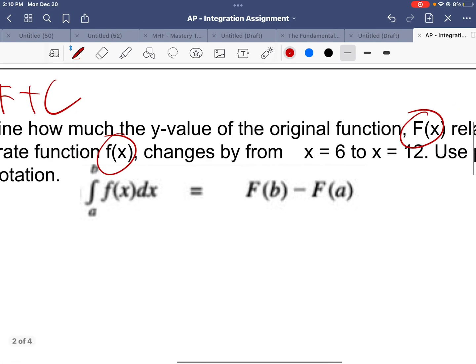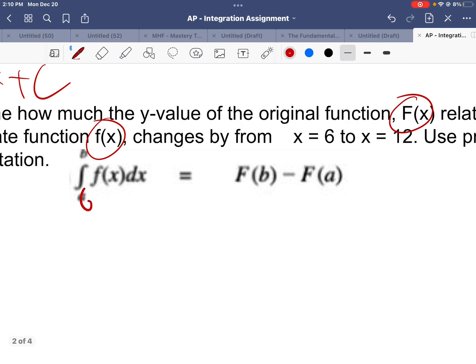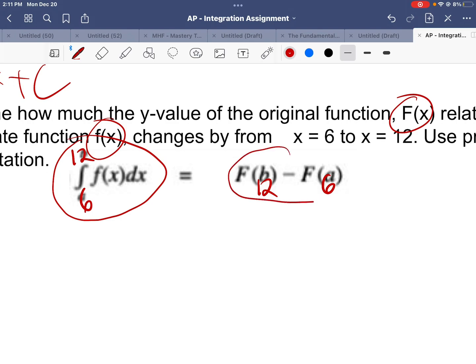We're going to go from 6 here to 12 here. What we're doing is calculating the area between the rate function y value and the x-axis, between x equals 6 and x equals 12, and that's going to represent the change in y value.